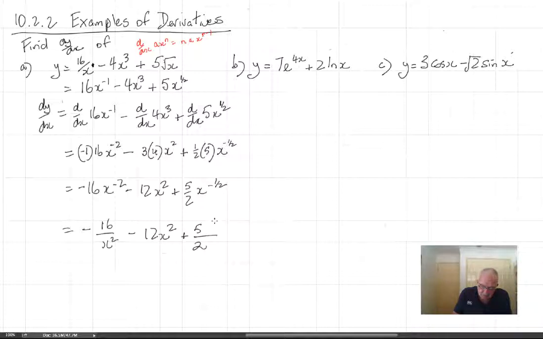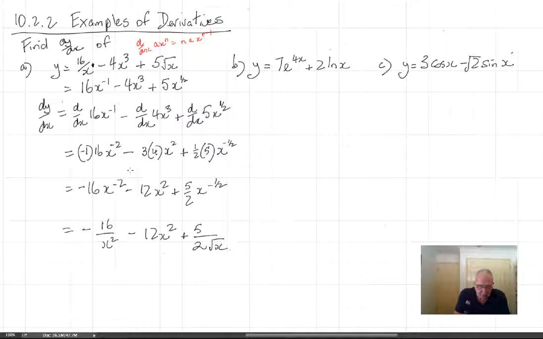Because it's x to the minus a half upstairs, it can be x to the positive a half downstairs. And x to the half is the same as the square root of x.